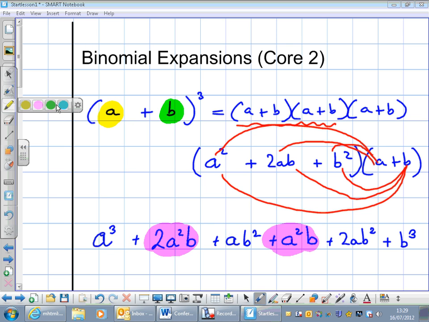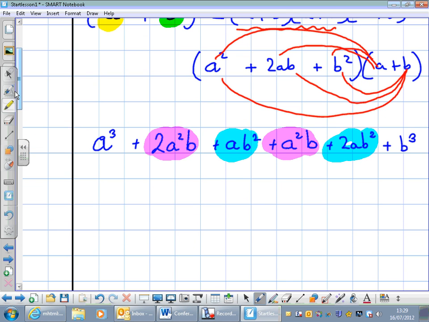So we've got some other terms we can simplify here. The ab squareds. And when we simplify those, we get a cubed plus 3a squared b plus 3ab squared plus b cubed.